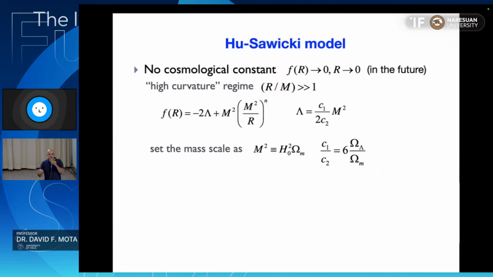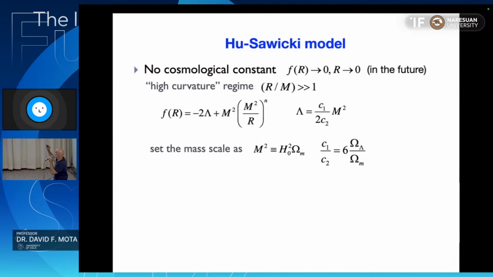And we want this f of r to drive the universe acceleration today. So we want to include some kind of energy density of the universe today. So we just say that m is basically h naught squared, the amount of dark matter that we have today, and C1 over C2 is basically the ratio of the observed cosmological constant today over the omega matter today. Okay?